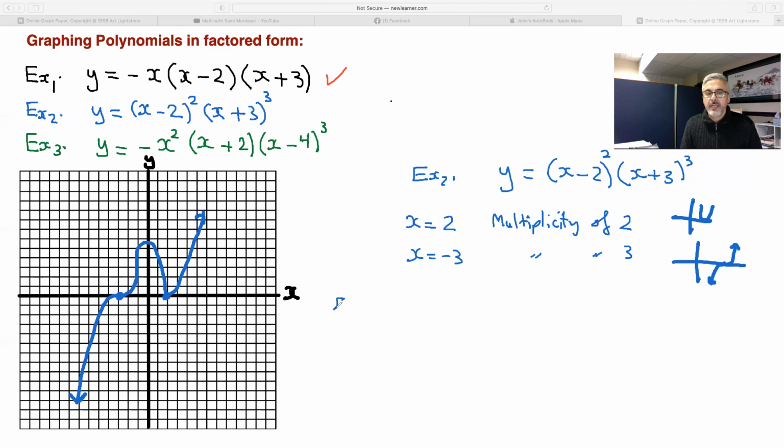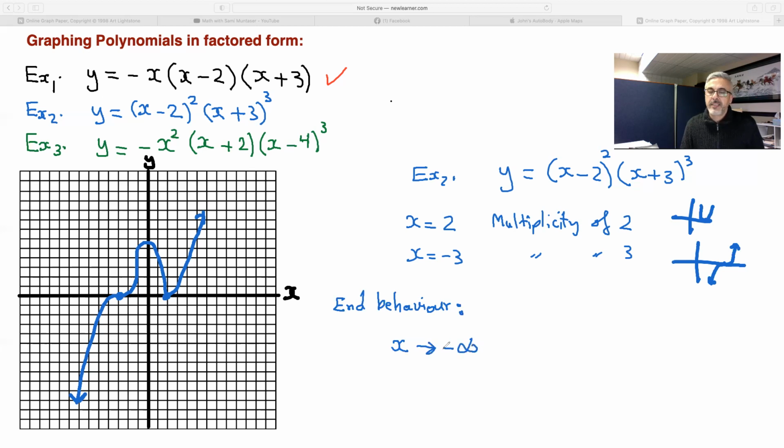So here, the end behavior, as x goes to negative infinity.